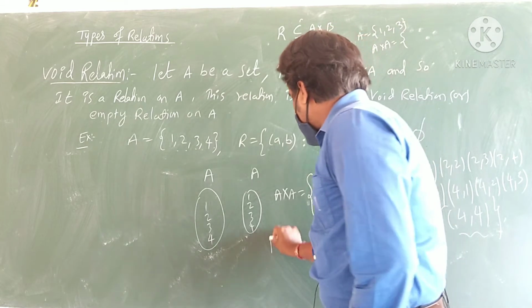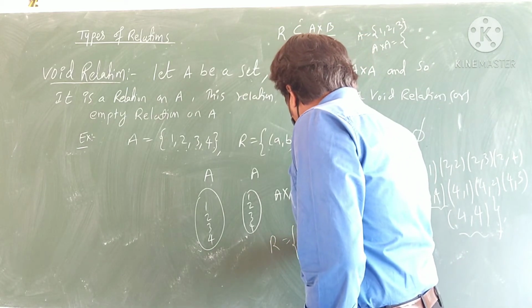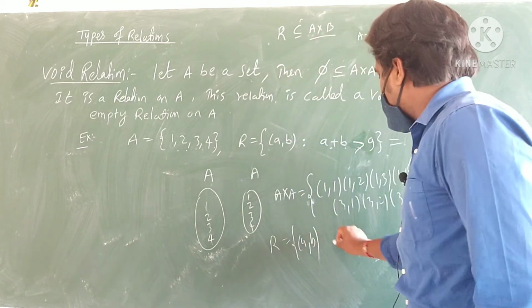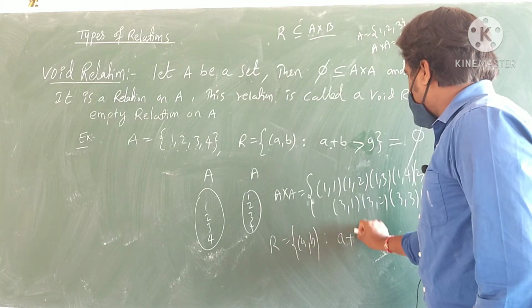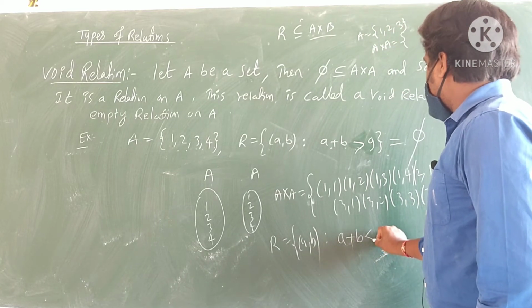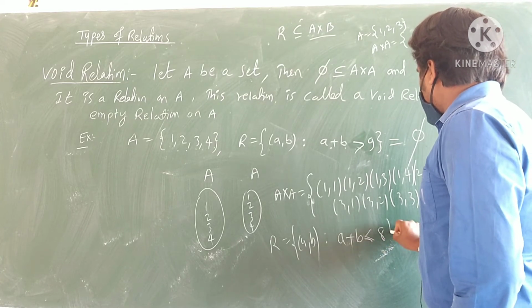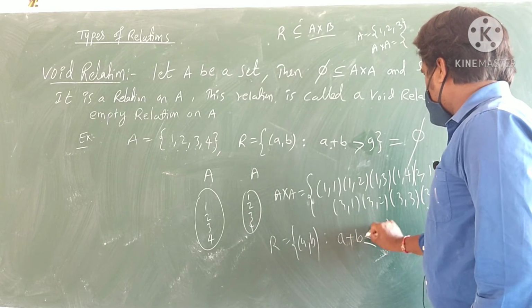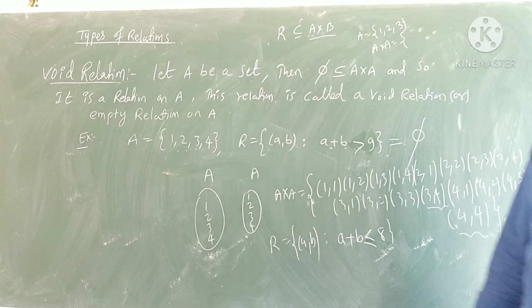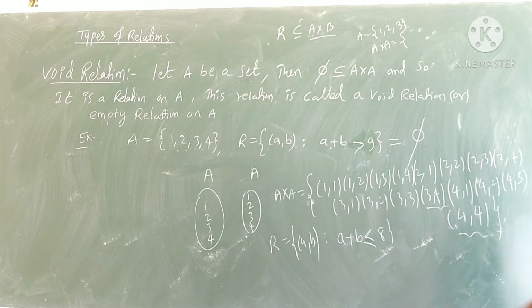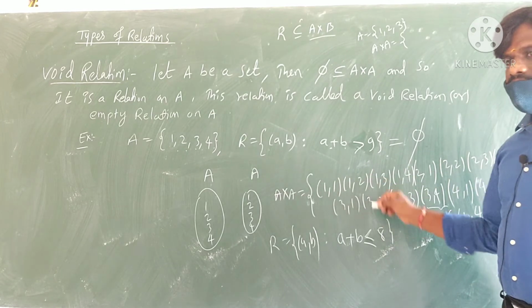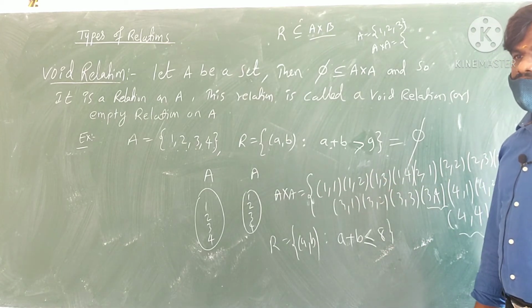Now if I write R equal to (a, b) such that a plus b is less than or equal to 8, suppose I wrote like this. 4 plus 4 is 8, 4 plus 3 is 7, all of them are less than or equal to 8, so the condition is satisfied.